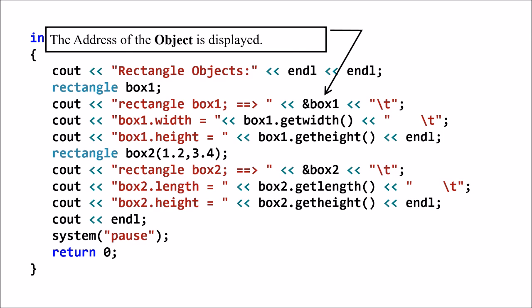The next bit of code prints out some of the information. I start with the address of the object.